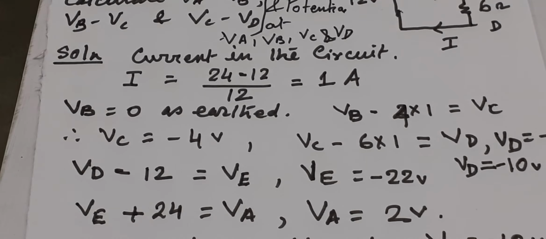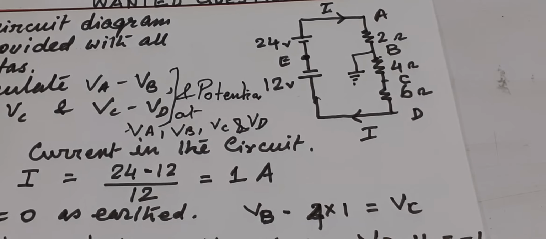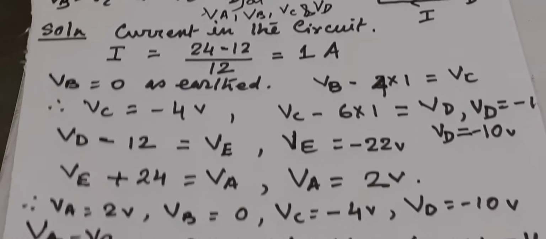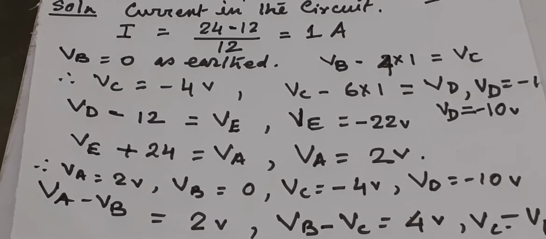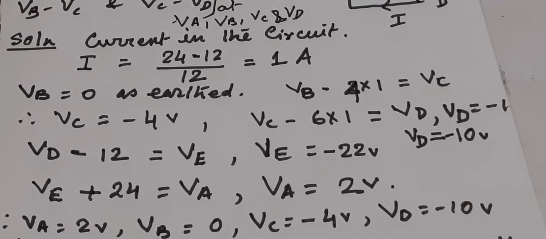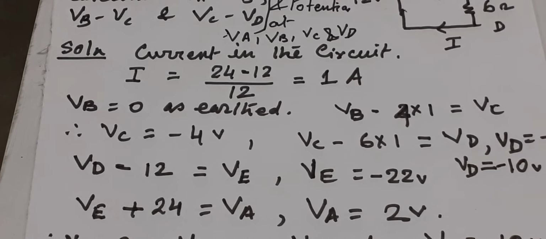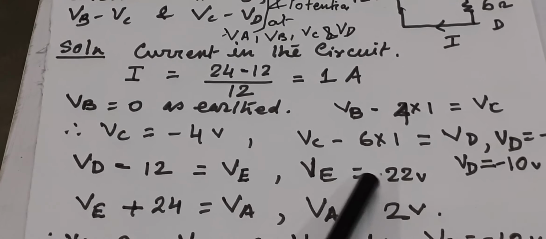Now similarly you can find out VE also. VE will be minus 22 volt, and by doing this we can find out VA as 2 volt. How to find out VA? Because VE is minus 22 volt, you can see here.